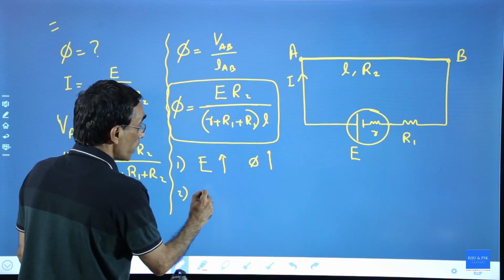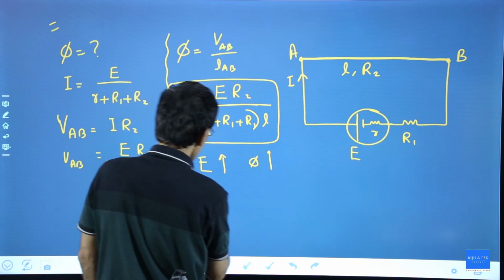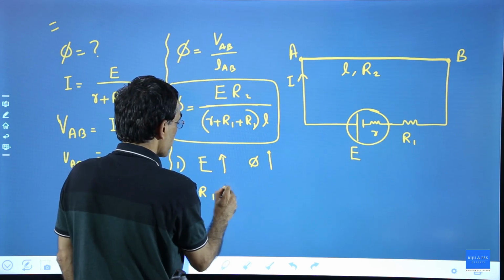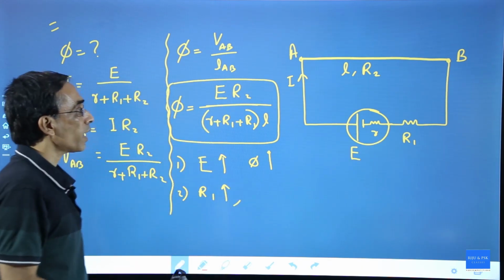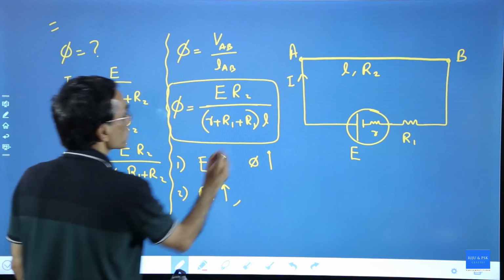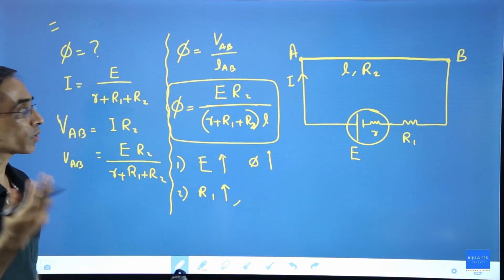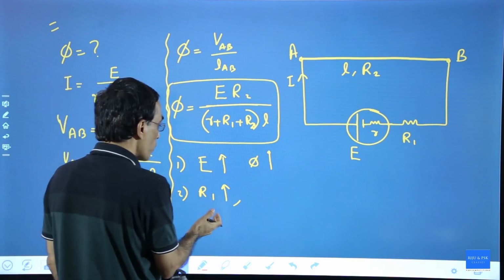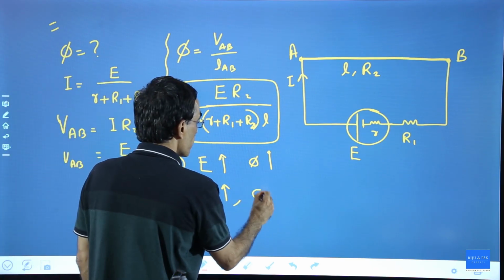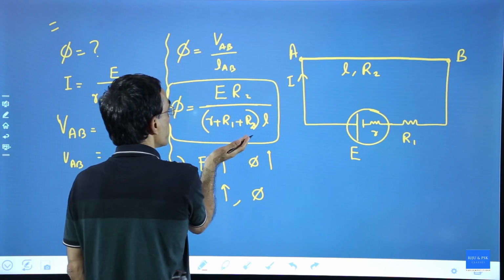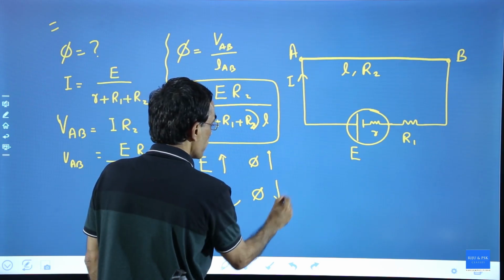Second one, what will happen if the resistance R1 is increased? This is R2. If resistance R1 is increased, then the denominator increases, so the potential gradient decreases.